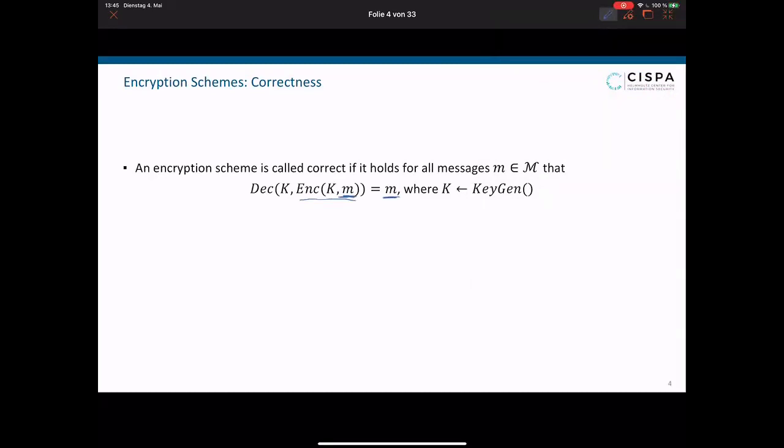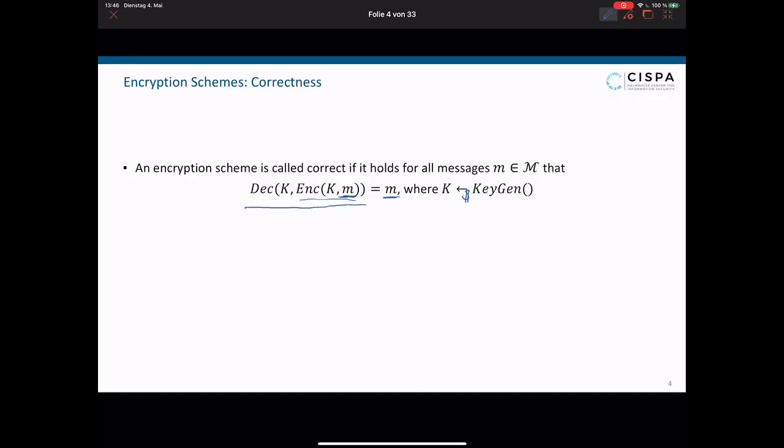That's correctness, where K is produced by the keygen algorithm. Now, the keygen algorithm is a randomized algorithm, so K is a random variable, and we've just learned that random variables are not fixed values, but here I'm making this look like this line should always hold.